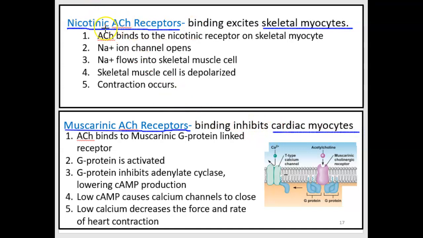So we know that acetylcholine is excitatory to skeletal muscle cells. We know that. So it must work in some way by getting sodium into that postsynaptic cell. And sure enough, it does. It's very much like what we've already seen.